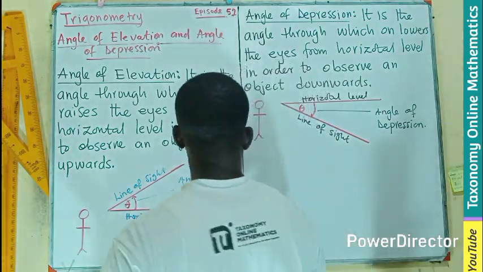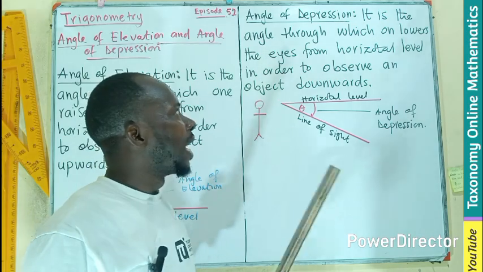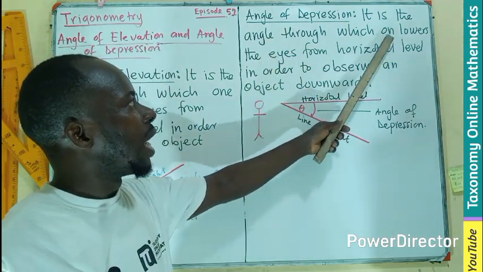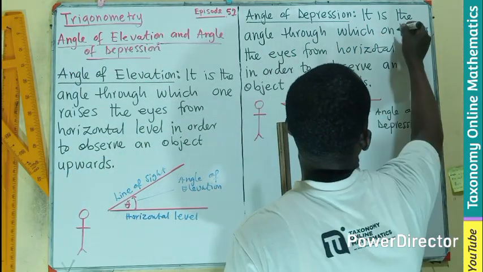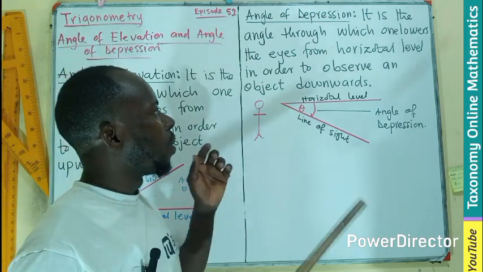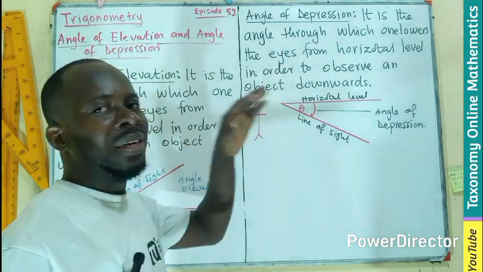All right. Then we also have what they call the opposite, the angle of depression. Angle of depression is just the angle through which one lowers the eyes from the horizontal level in order to observe an object downward.